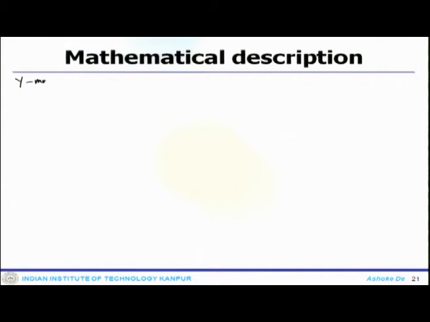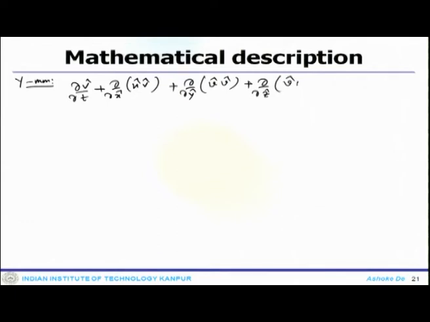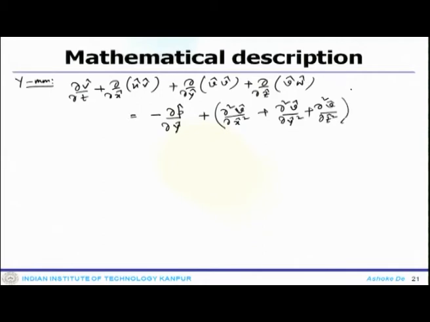Now, my y momentum equation becomes del v hat by del t plus del del x hat of u hat v hat plus del del y hat of v hat v hat, equals minus del p hat by del y hat plus the diffusion terms, del 2 v hat by del y square, plus Grashof number with t hat.